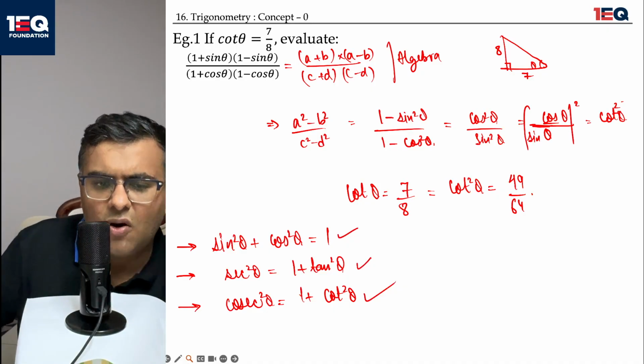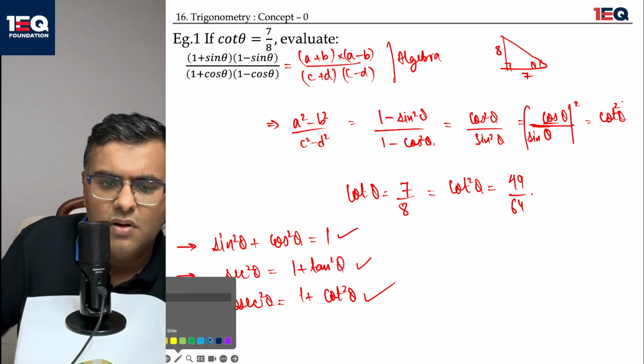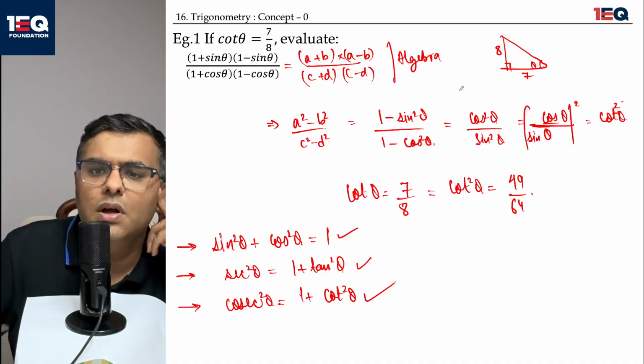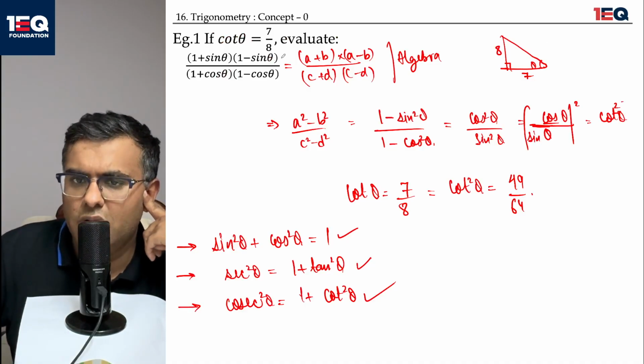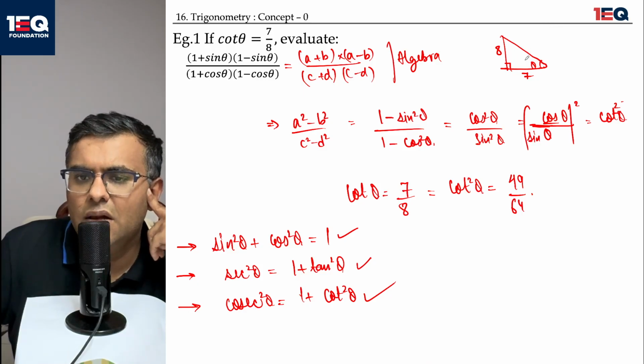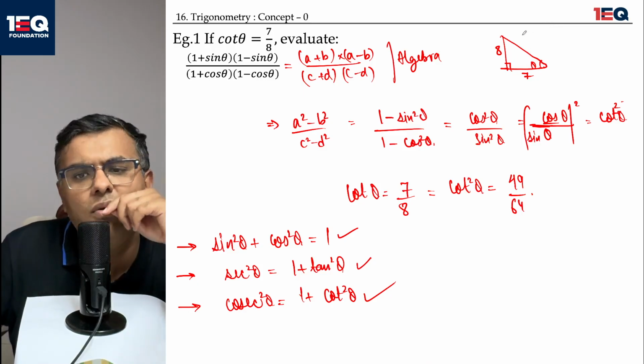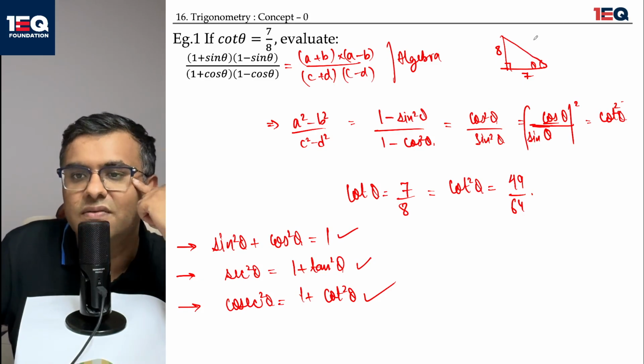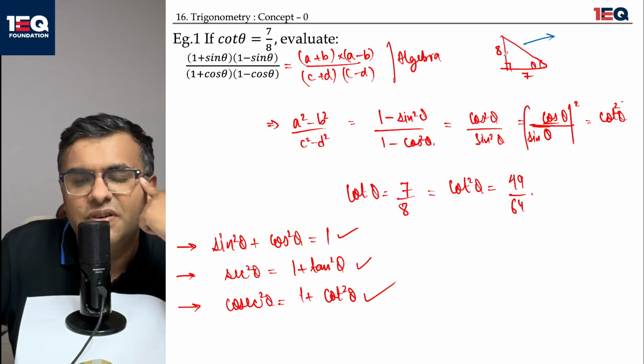There was another alternate method which we could have used. We knew the value of cot. Through this triangle, we could have known the value of sin as well as cos. To find the value of sin, I would first have to calculate the hypotenuse.